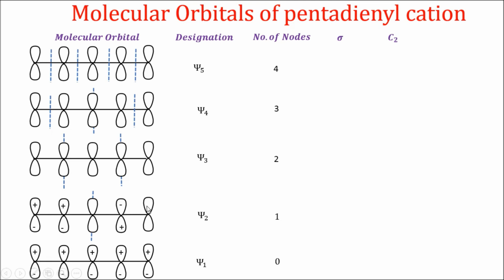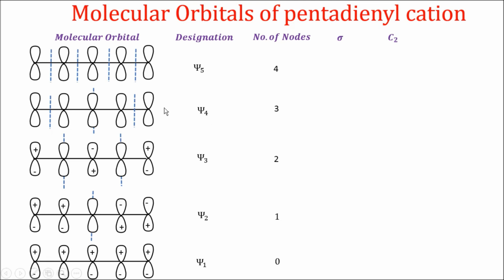Here no node is there, therefore we get minus. Psi3 starts with plus, a node is present, leaving this orbital empty, and we write minus because here a node is present. Here a node is present, therefore we should write plus on this orbital.